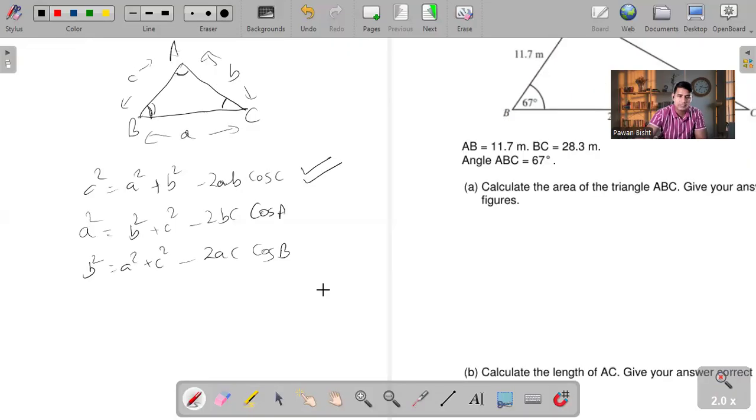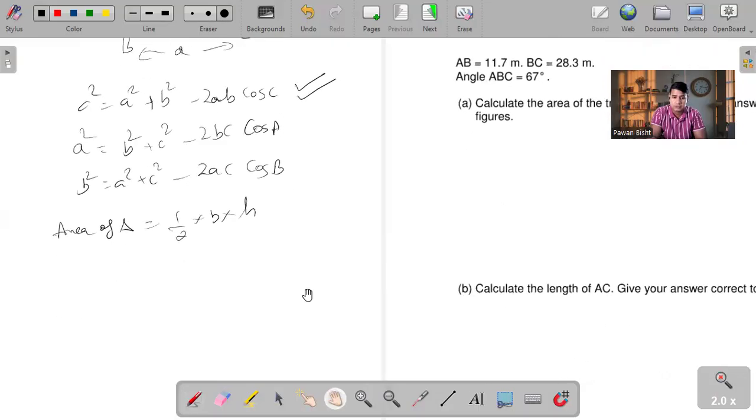Now, next is area of triangle. Area of triangle formula, right? One formula, so you know, half base into height. But if base and height are not given, then what will we do? Then we apply this area of triangle formula. So suppose in a triangle, two sides are given and an angle between them is given.